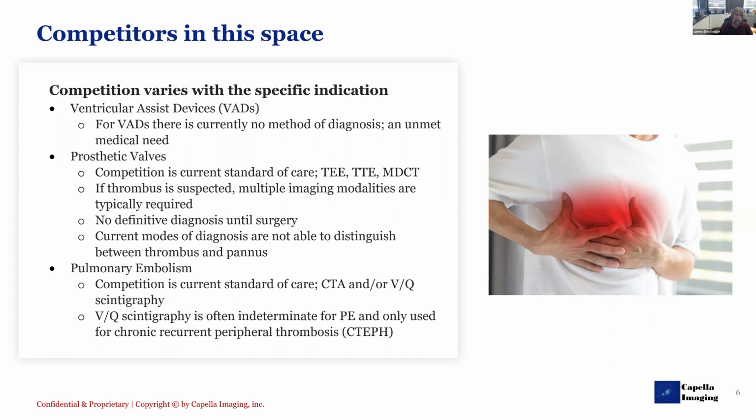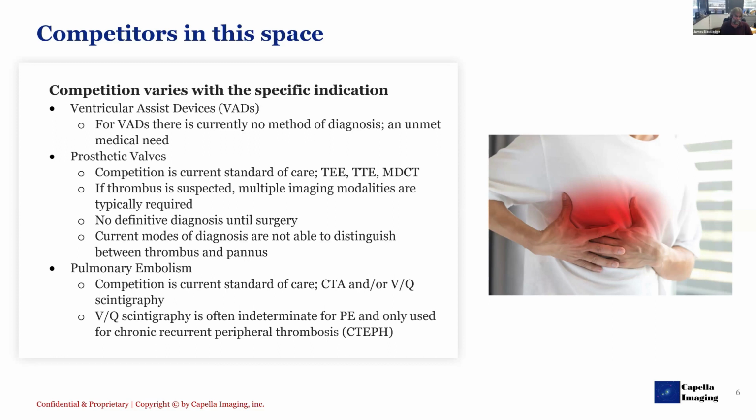That works reasonably well, except that there's a great deal of image manipulation and examination required. If the first scan suggests that thrombus is present, it typically requires supporting images from other modalities to get a positive confirmation. No definite diagnosis until you actually do surgery.